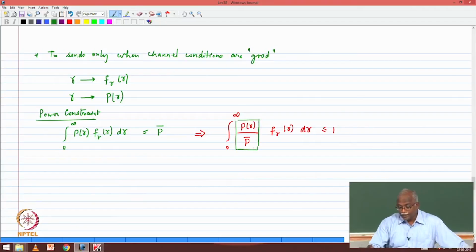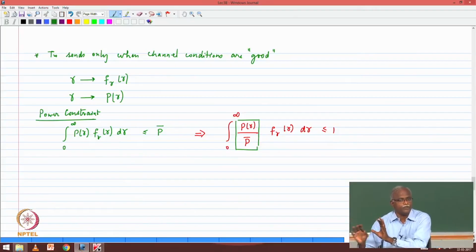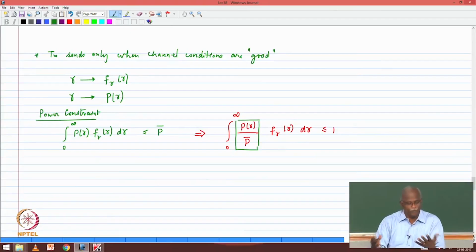Now P of gamma by P bar can be greater than 1 or less than 1. But at the end of the day, when you look at all the PDF of gammas, this should be upper bounded by 1. You cannot basically have a gain in power. So you have to adjust your normalized power to satisfy this constraint.